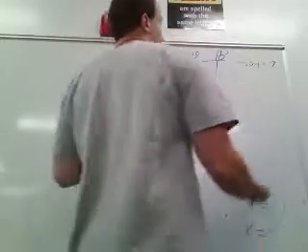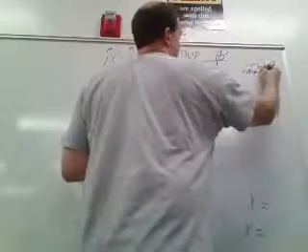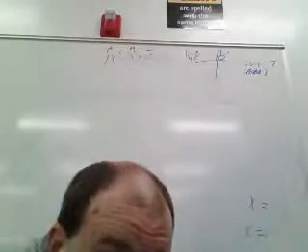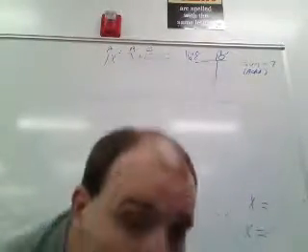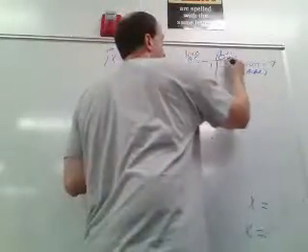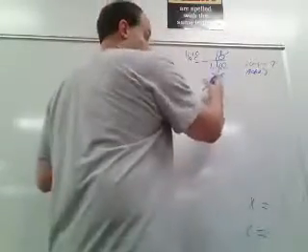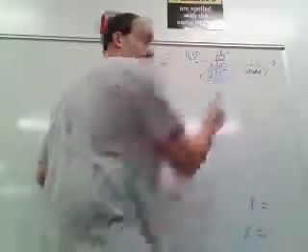So sum means we add. So I take 10 divided by 1, that's 10. 1 plus 10, not 7. 10 divided by 2 is 5, and 2 and 5 is 7. So there we have it.